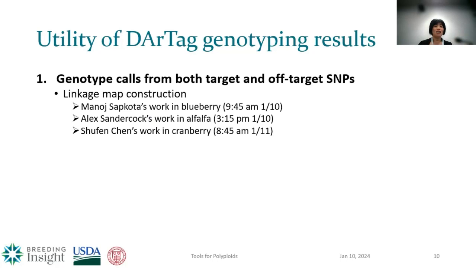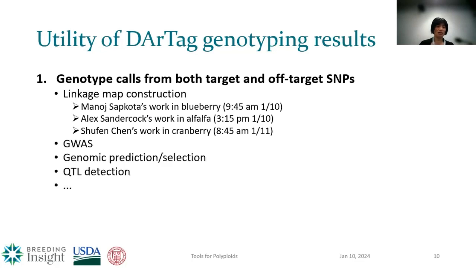Manoj will present the linkage map in blueberry, Alexander will do alfalfa, and Shufen tomorrow will show her work in cranberry. We all built maps using this data. And with help from Marcelo, we also did that for sweet potato, but we're not going to talk about it during this workshop. You can also do GWAS, genomic prediction, and QTL detection.